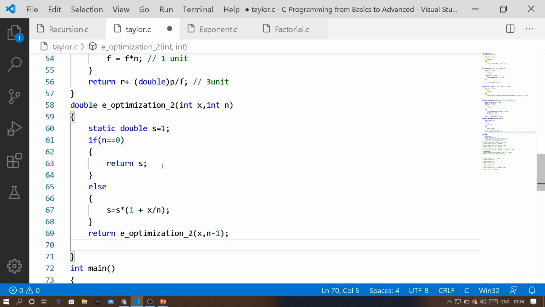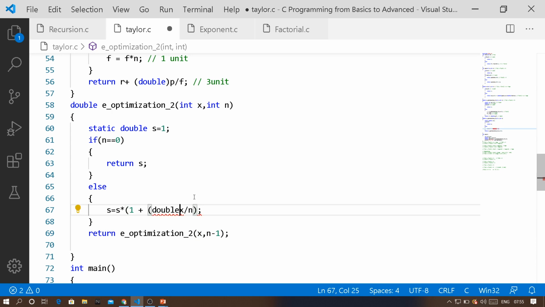Okay, so now we will just try to check these things. But before checking, the two numbers that we have sent are integer numbers. When it's an integer number, then integer divided by integer, definitely the answer also will be an integer. So to make the answer actually double, either one of the operands has to be in double data type.